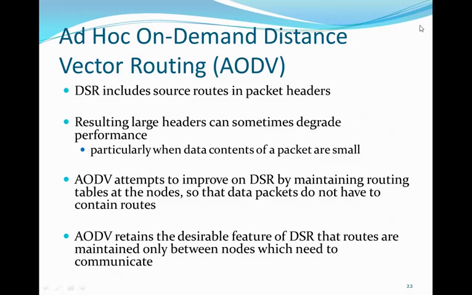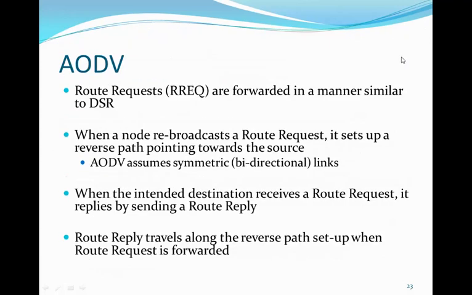AODV retains the desirable features of the DSR protocol, and that's why it maintains some information on every node, which helps these nodes to decide about the next route or next node. So now moving toward the AODV protocol.